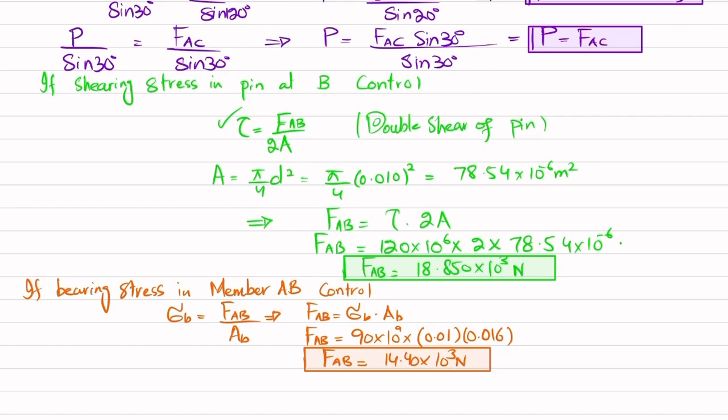Now the third criteria which I will write over here is, I will draw a line: if bearing stress in bracket controls.